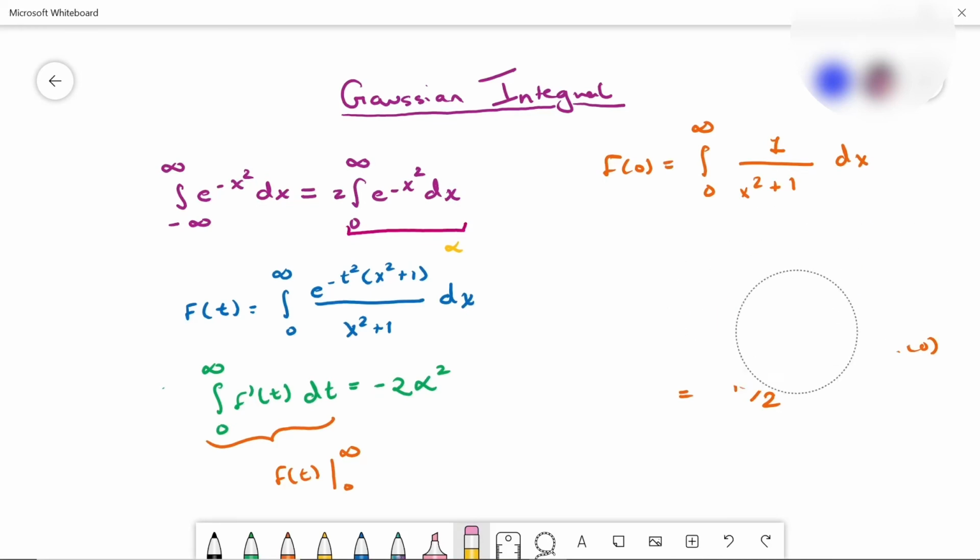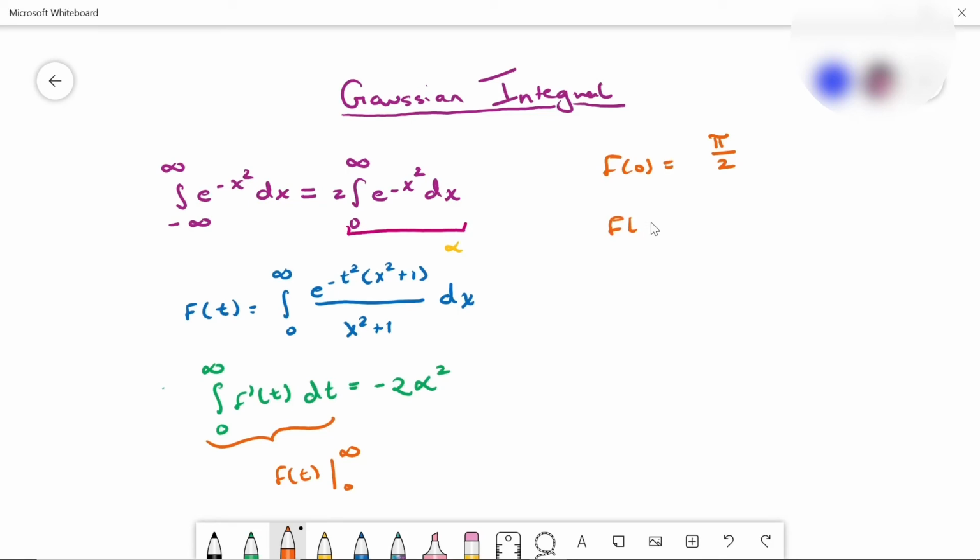So let me rub this out here. Rub this out as well. So f of 0, we've just figured out, is pi over 2. So now we have to find f of infinity. So that's going to be the integral from 0 to infinity. So let's take this top function out here and analyze it. We have e to the negative t squared times x squared plus 1.